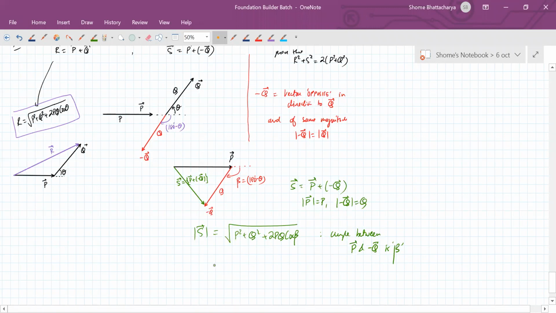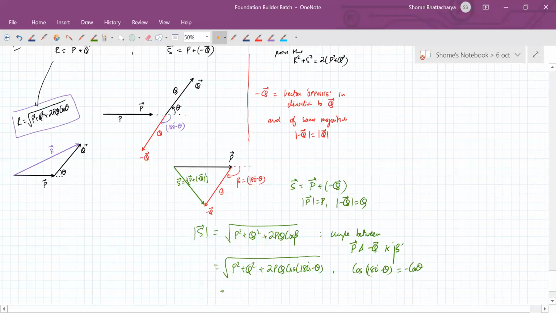Okay. So this is becoming root of p square plus q square plus 2pq cos of 180 minus theta. And just today we've learned that cos of 180 minus theta should always be substituted as minus cos theta.